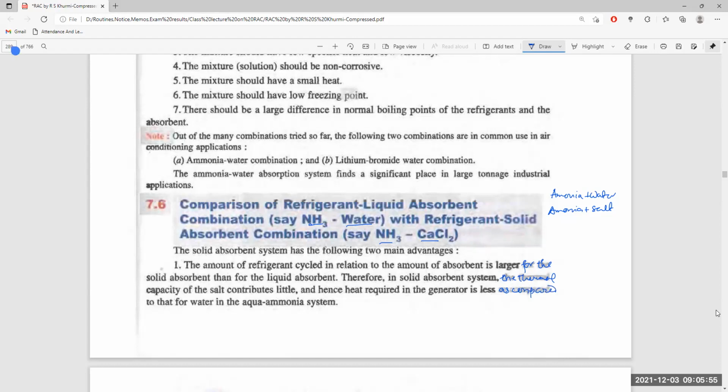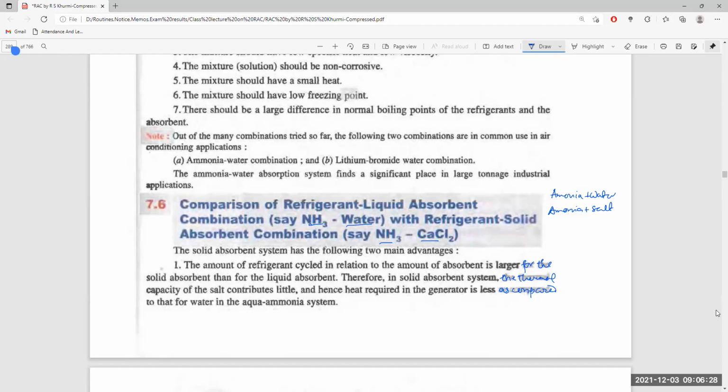Now, one part is what I have told you, the absorbent. What are the different components required for the vapor absorption refrigeration system? First of all the absorber, next is the generator. The absorber absorbs the ammonia, and the generator rectifies this by means of heating.